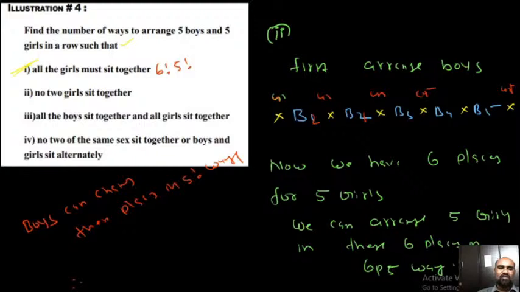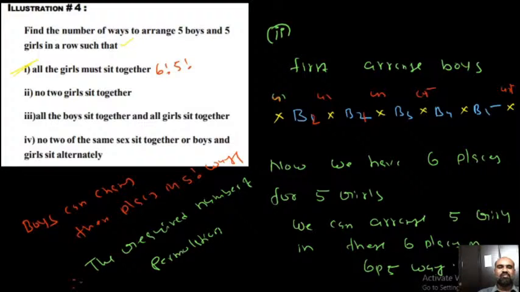Therefore, the required number of permutations, what is the meaning of required permutation? No 2 girls sit together. That is equal to 6P5 into 5 factorial.